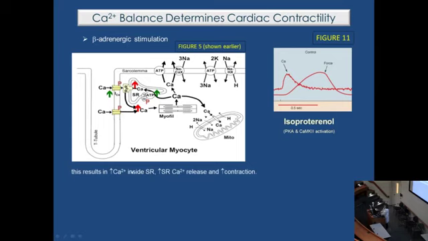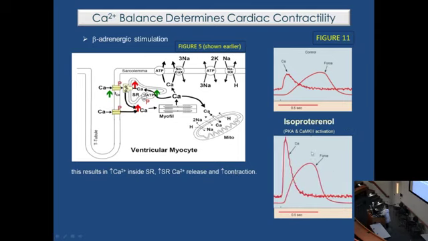So the effects that we are seeing here with the beta-adrenergic stimulation are an increase in calcium concentration inside the sarcoplasmic reticulum, an increase in the calcium being released from the sarcoplasmic reticulum, and then an increase in contraction.